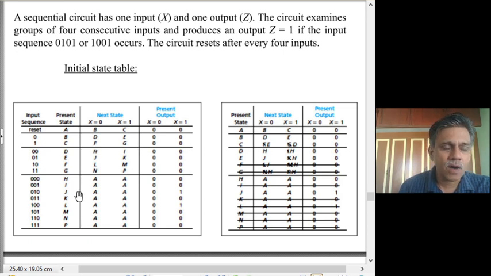Which means what we will do is we will strike off all these rows. What are they? I, K, M, N, P are all struck off.